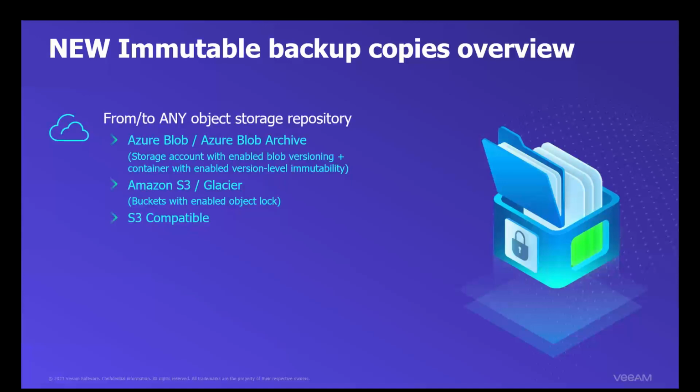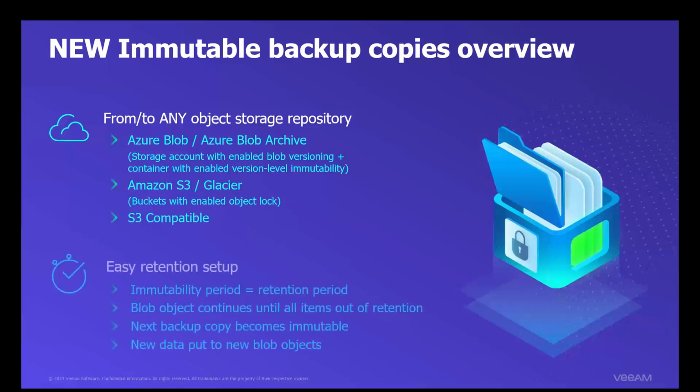This was actually already in version 6 of VB 365, but in version 7, it also allows you to send backup copies to any storage type. So service providers will be able to use their existing on-prem S3 compatible storages, not just Azure Blob or Amazon S3.